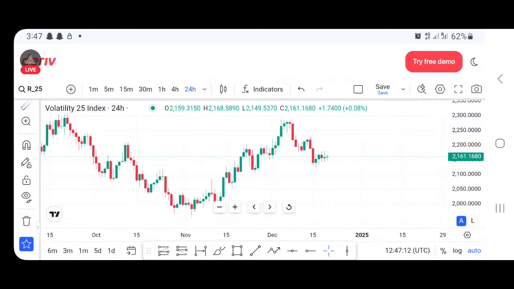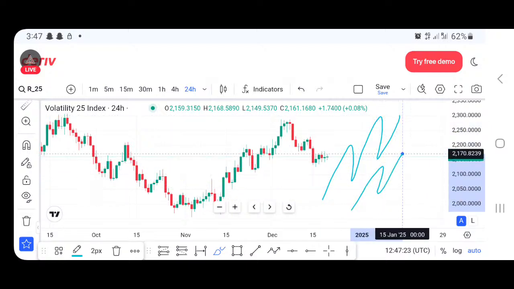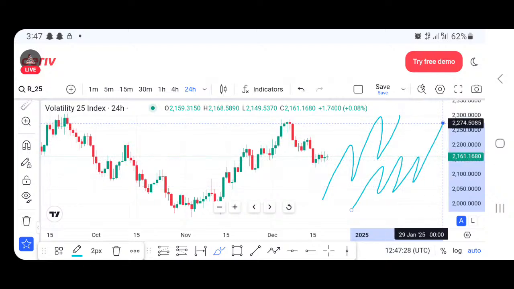So let's say when the pair is moving, sometimes it does like this, respecting that, and then it will come and start doing like this before it goes. Are you getting the point? Then it goes. Those are the things we have to know inside the pair, to see the behaviors of the pair you are trading. So it's good to trade small pairs so that you can master the behaviors of that pair. That's why we always do analysis.